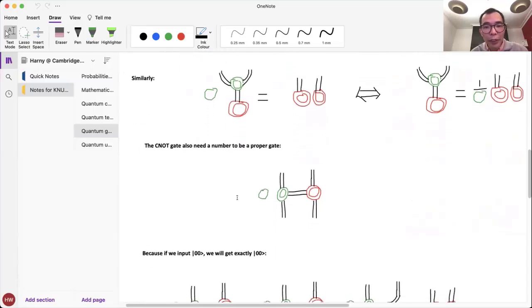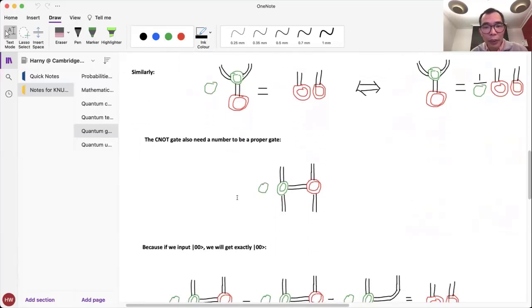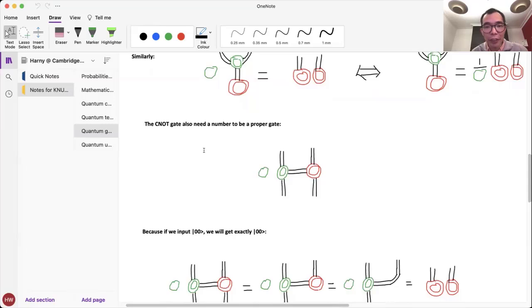At the same time, there's another gate called the CNOT gate, controlled NOT gate, which also needs to be checked.